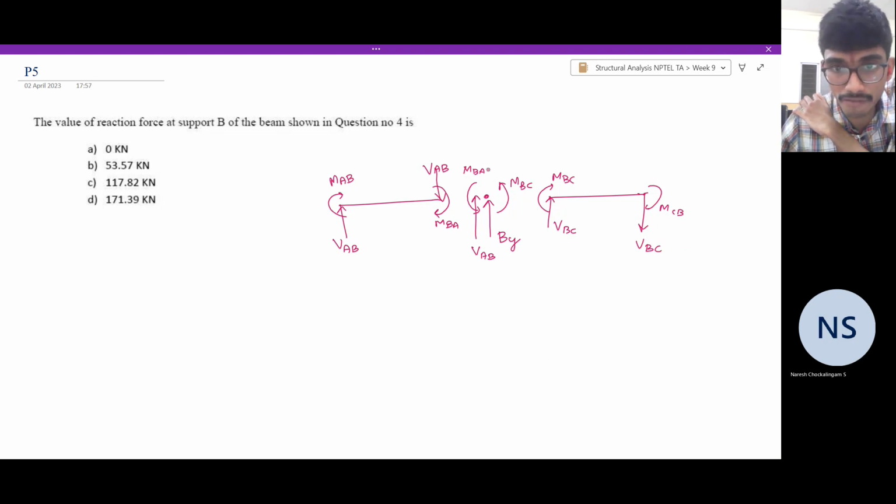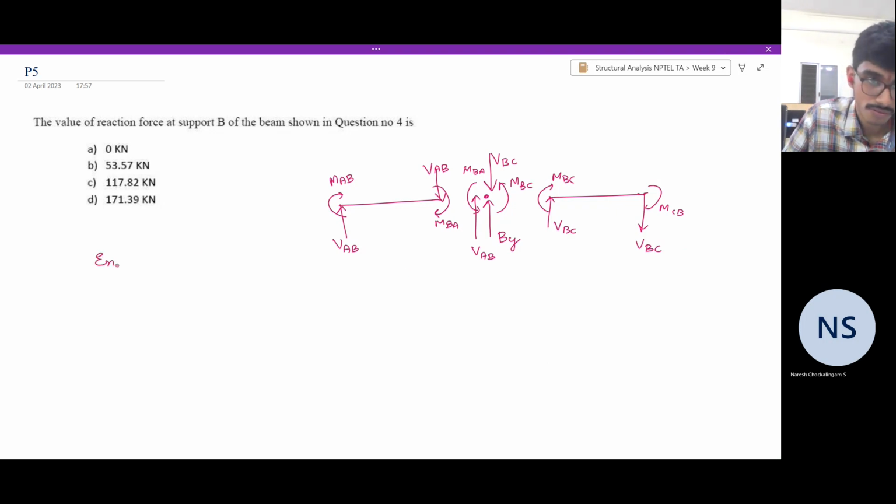So equal and opposite shear force will also act on the joint as VBC. Now to determine By, enforce force equilibrium at joint B.